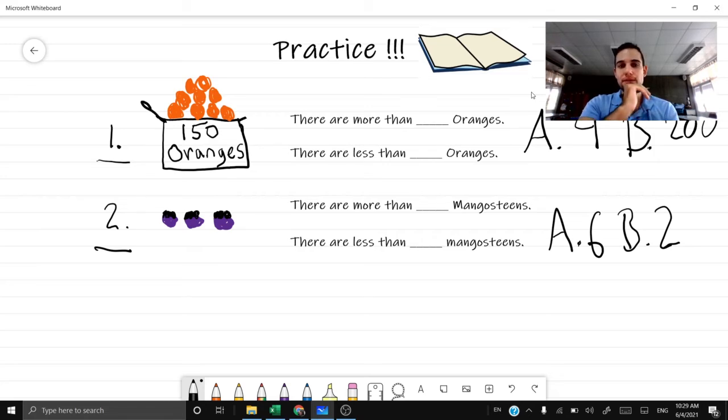Pick A or B for the space. I'll give you 1 moment. Are you ready? Okay, let's see. Where do we put A? Is A going to go here? Or is A going to go here?